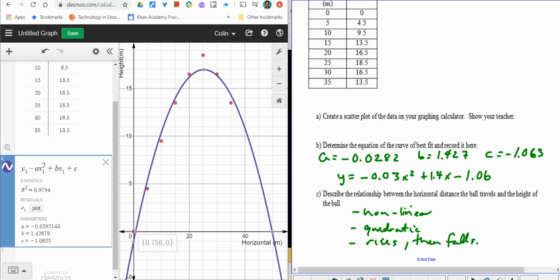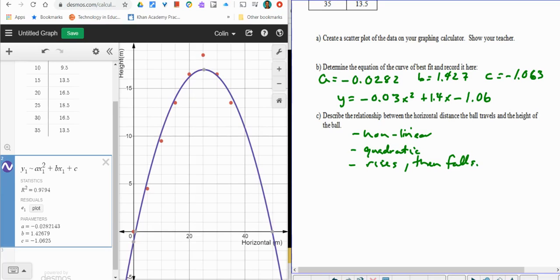So the ball will leave and then land 49.8 meters away from where you hit it. I'll tell you the strange thing. If C is the y-intercept, he's actually hitting the ball underground, which doesn't make any sense. Usually when we hit a baseball, it's above ground.